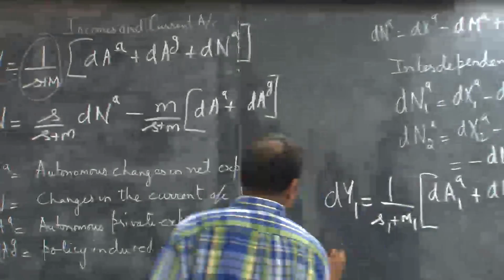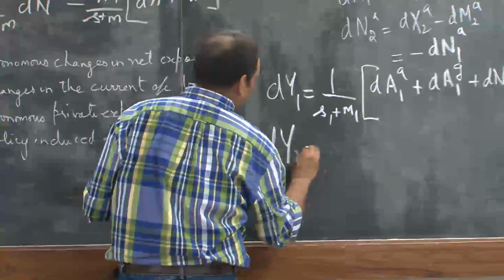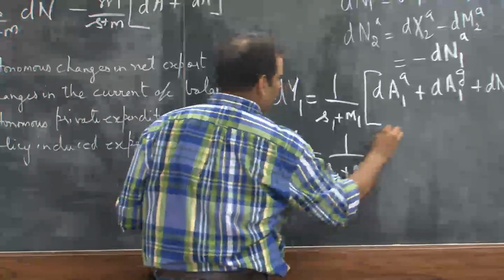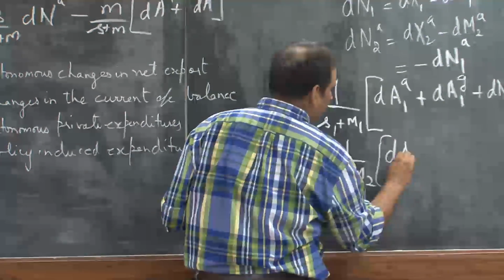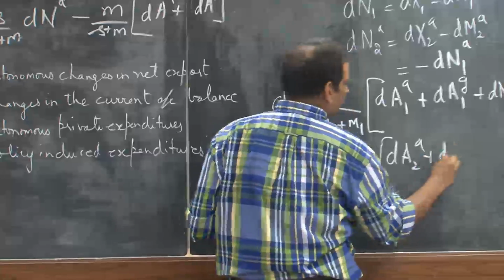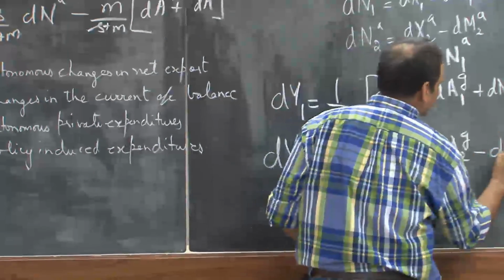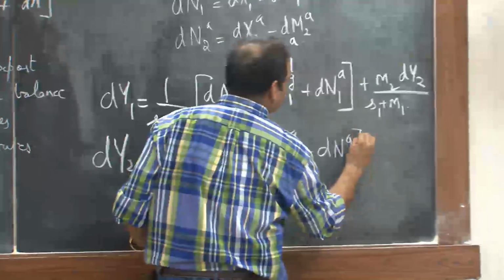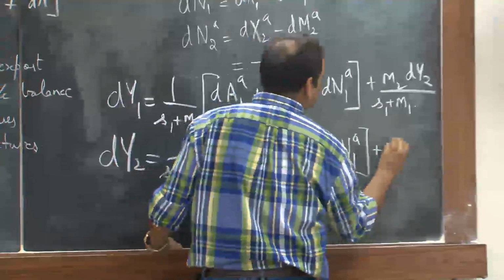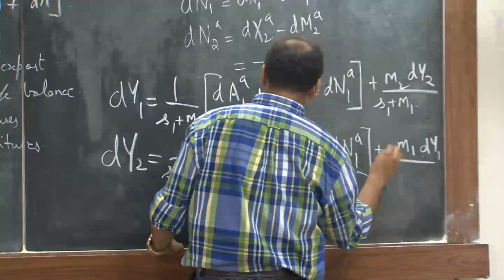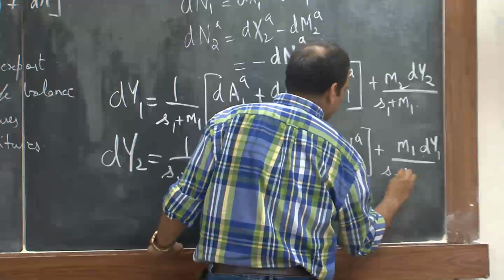Similarly, you can define dy2 to be equal to 1 upon S2 plus M2 times dA2A plus dA2G minus dN1A plus M1 dy1 divided by S2 plus M2.